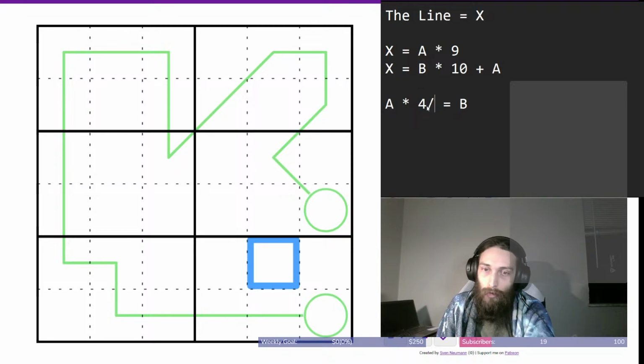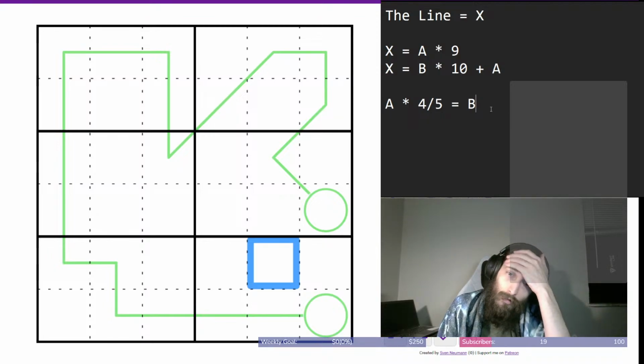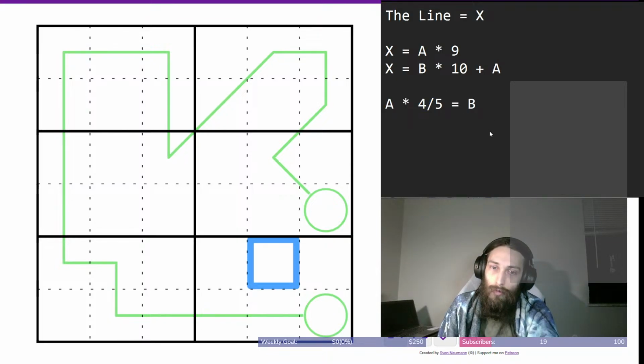If I divide by 5, B is 4/5 of A. So that means that A is 5 and B is 4.